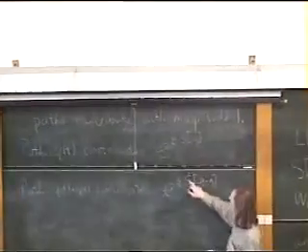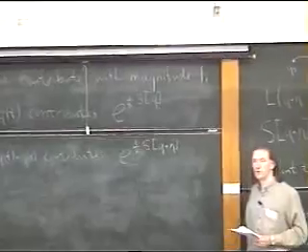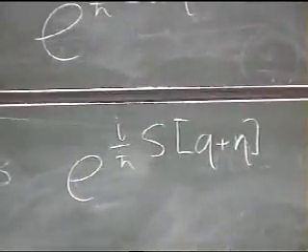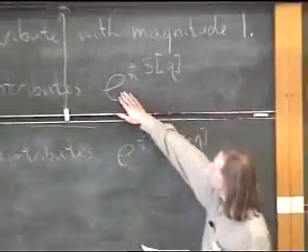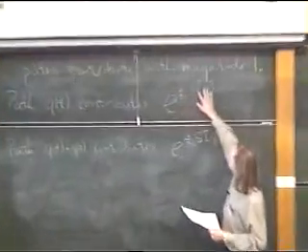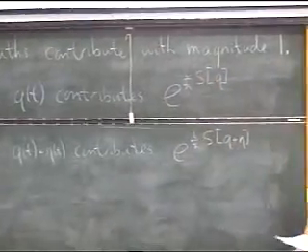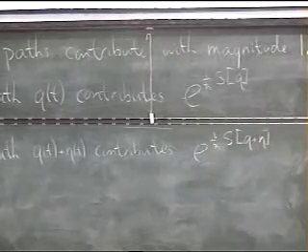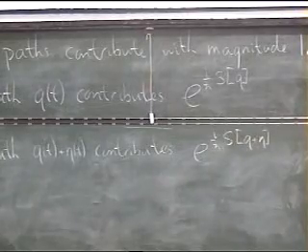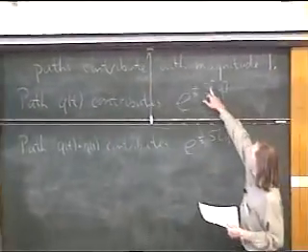And now what we want to do is compare, if we add these, think of adding these two things together, how do they add together? So the point is, of course, this exponential of i, so we've got the action over h bar. So the action over h bar is the phase. So if you think in the complex plane, you're going round the unit circle, and you go round by an angle S over h bar.